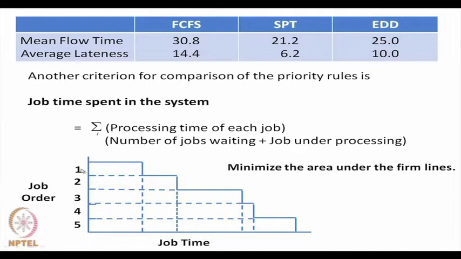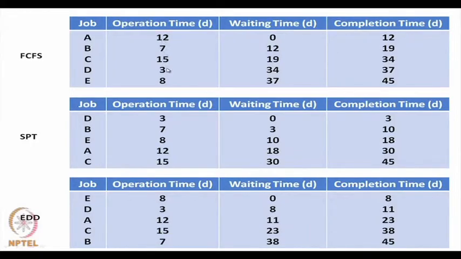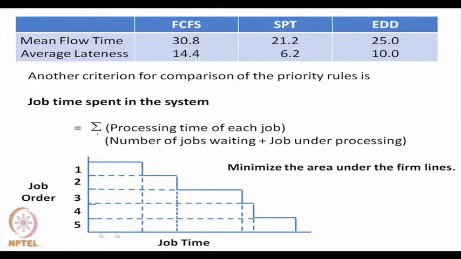It is 1, 2, 3, 4, 5. So, the y axis is the job order plotted from top down and the corresponding job time. Job 1 is processed first and it takes 12, 7, 15, 3 and 8.